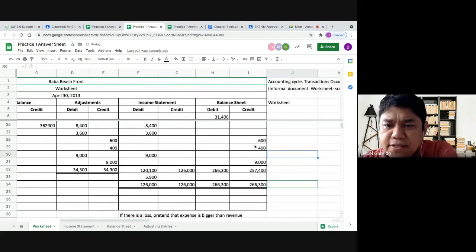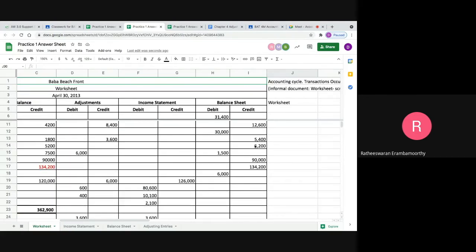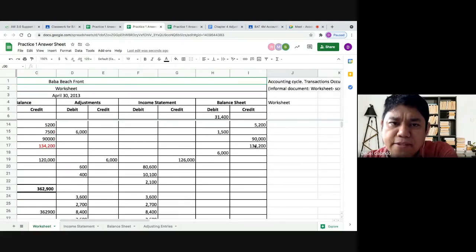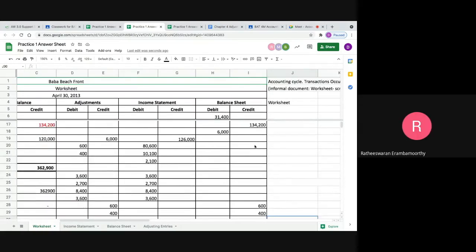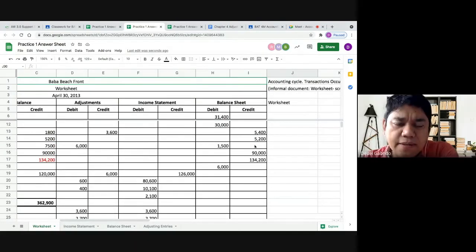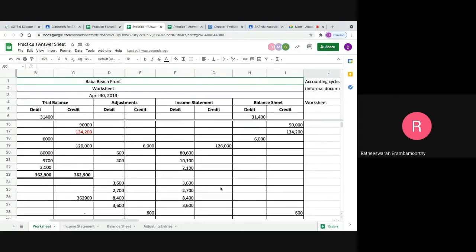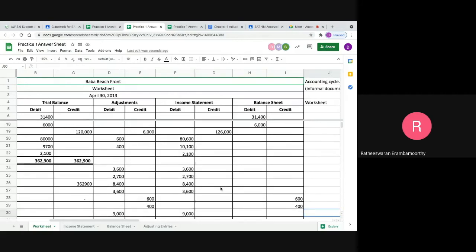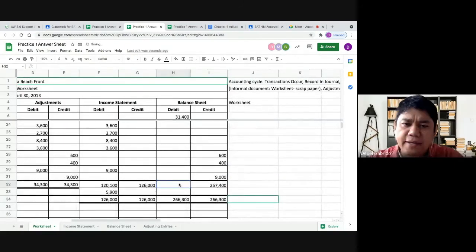Did I include something or did I forget to include something? Like 3,000 or 1,500. I think I know, 1,500. What is that thing? All the numbers are there. Okay, let's do it again, for the last time.